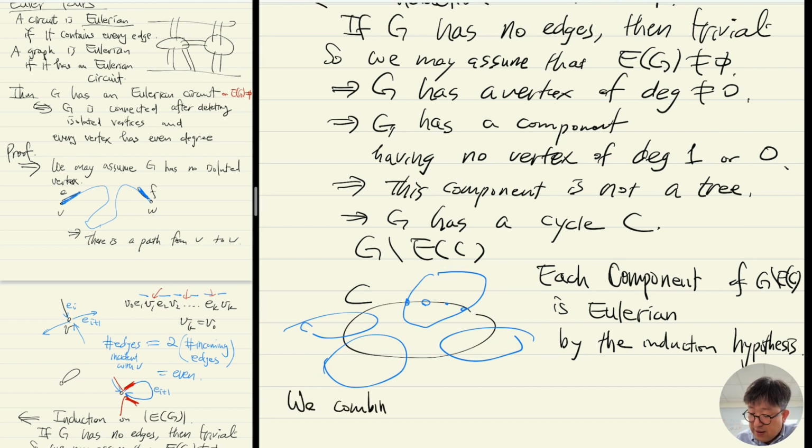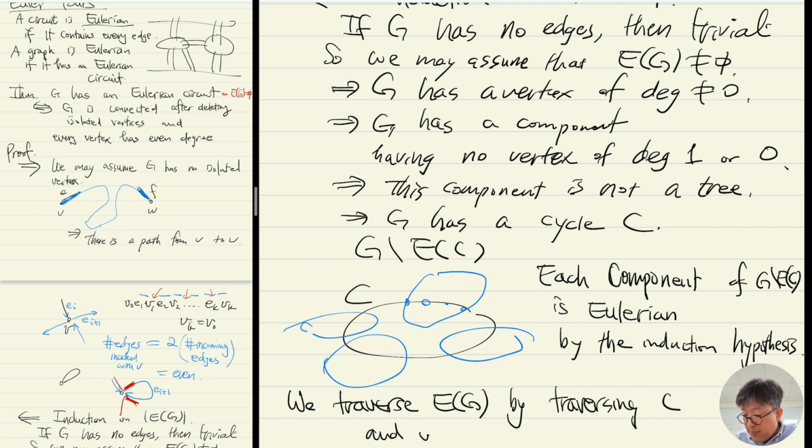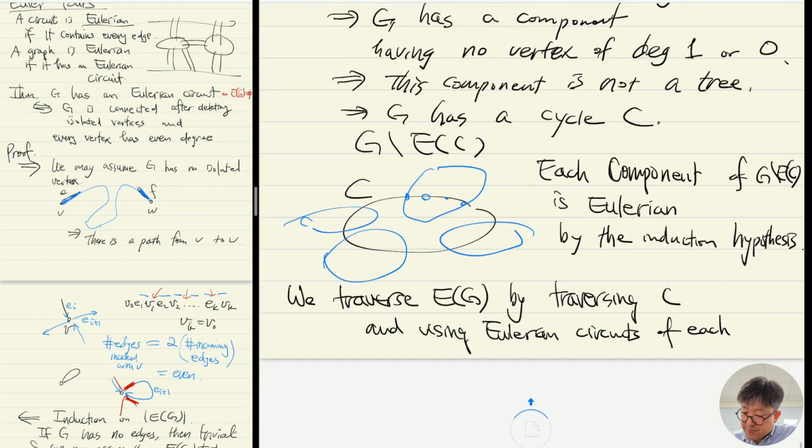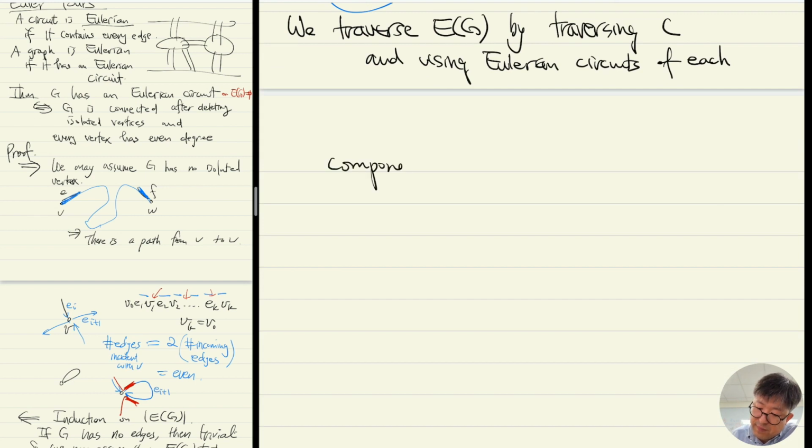We traverse the edges of graph G by traversing C and using Eulerian circuits of each component of G delete E(C), right? And that is the Eulerian circuit of the whole graph.